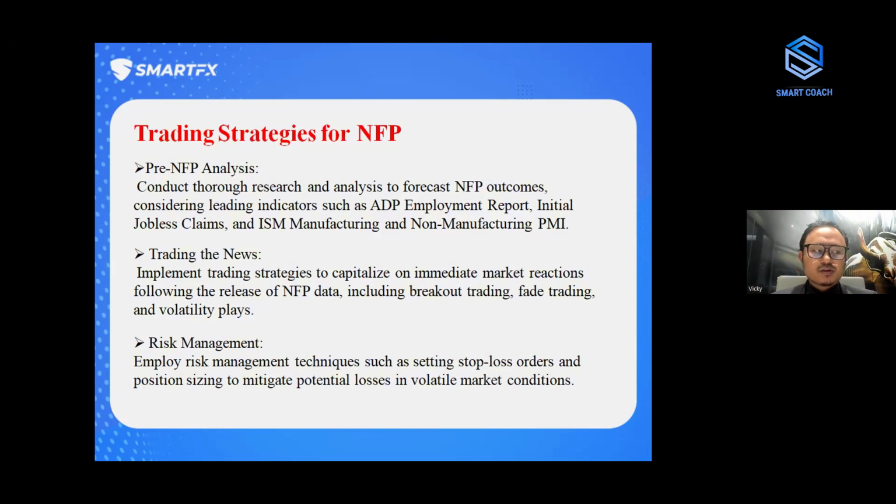For example, they check how many new orders there are, the prices of products and services, how many people are employed, and the production output, whether they are above or below the previous month.